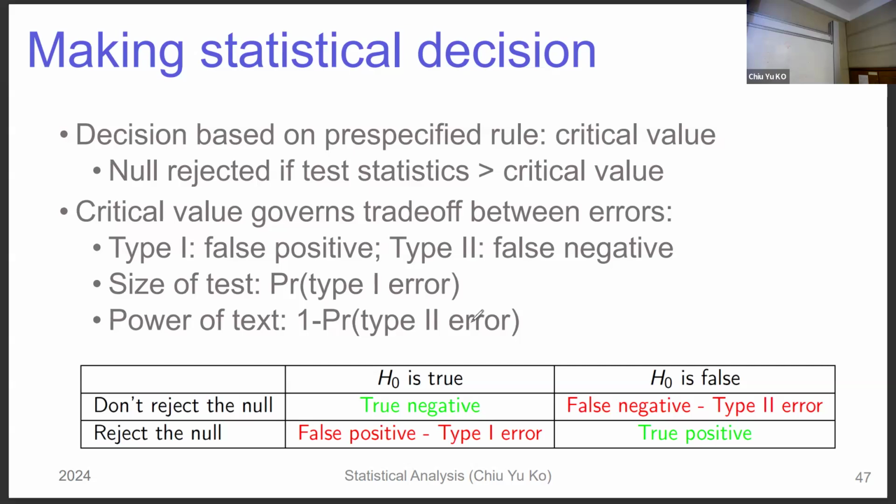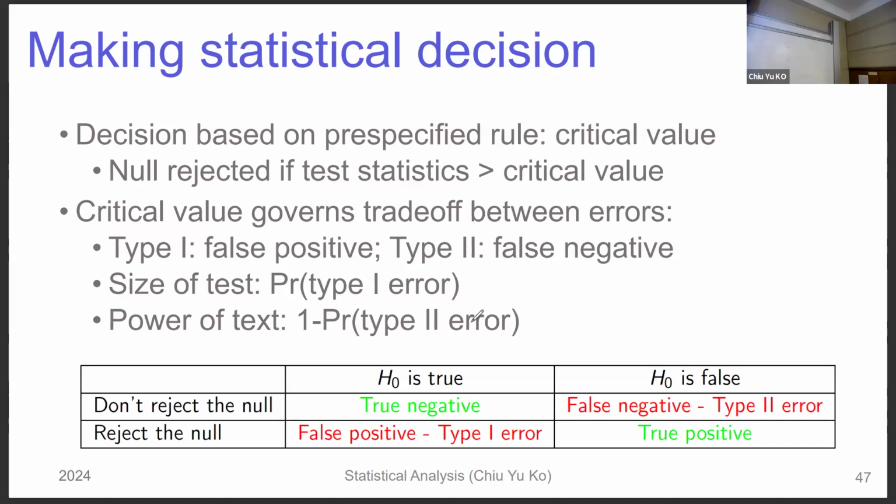If our statement is true and you don't reject it, then this is the right thing, right? If the statement is false and you reject it, you do the right thing. Fair, okay? But if your statement is true and you reject it, that's called type 1 error. Okay. If your statement is false but you fail to reject it, it's type 2 error.